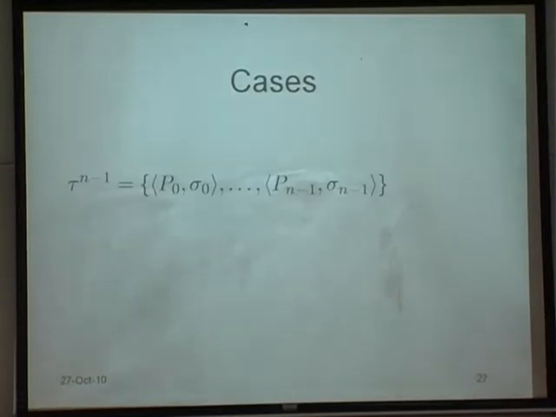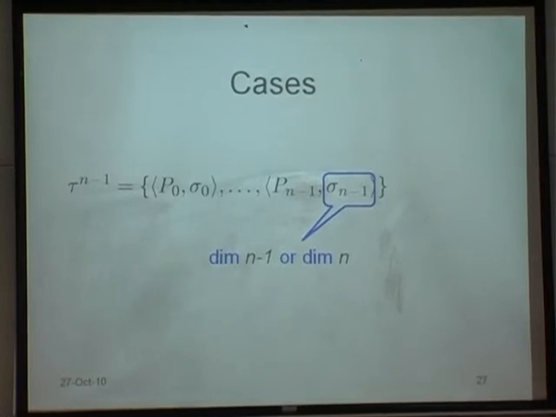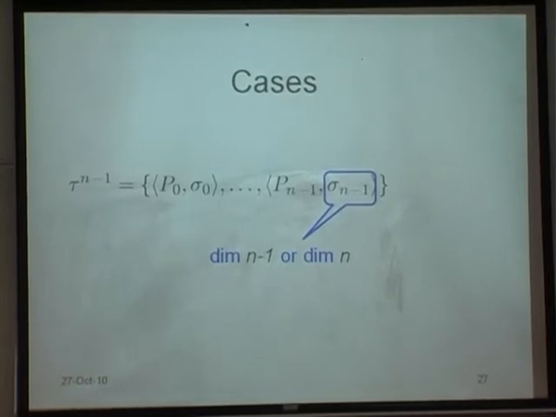Okay, so it turns out there are three cases we need to worry about. The last view here could have dimension n-1 or dimension n. It can't be any smaller than that, because all of the n-1 processes have already written by the time this one runs, so it has to see at least n-1 other values. Maybe it saw everyone.